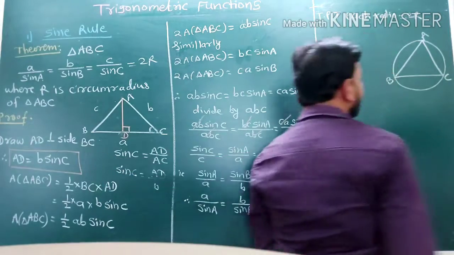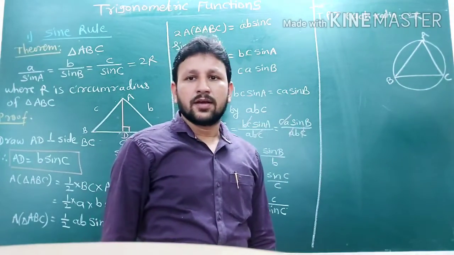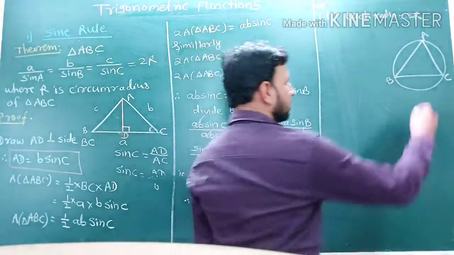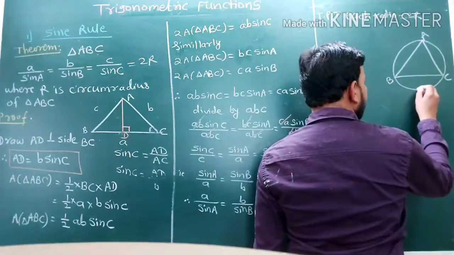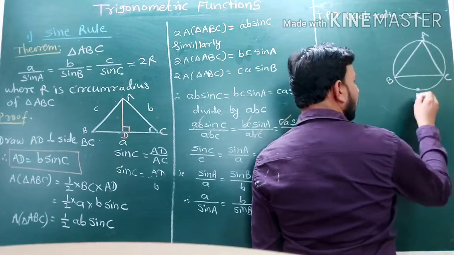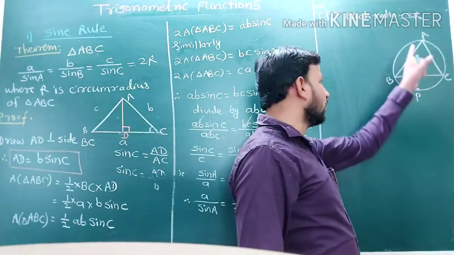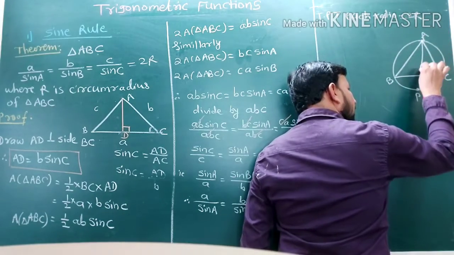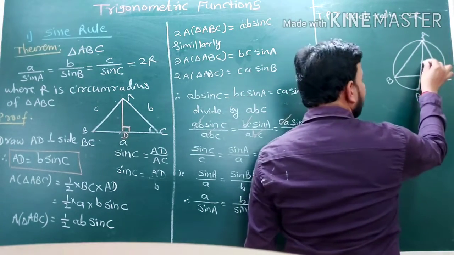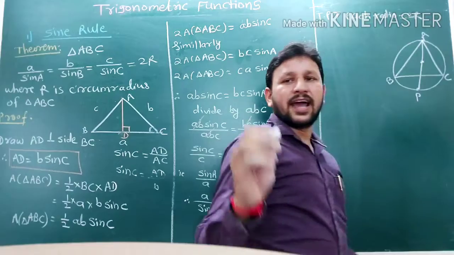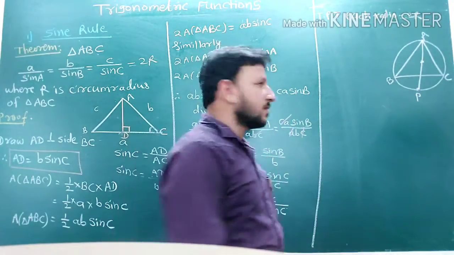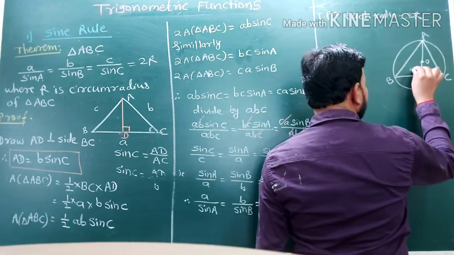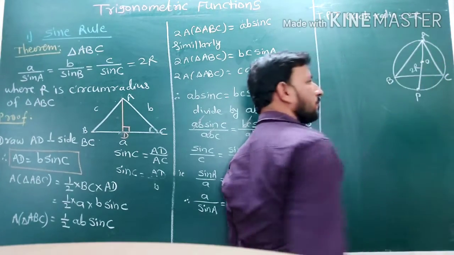We take one more point on this circle as a point P. Join that point P with the vertex A. The distance AP becomes the diameter of that circle. Suppose the center is O; the length of AP becomes 2 times R.